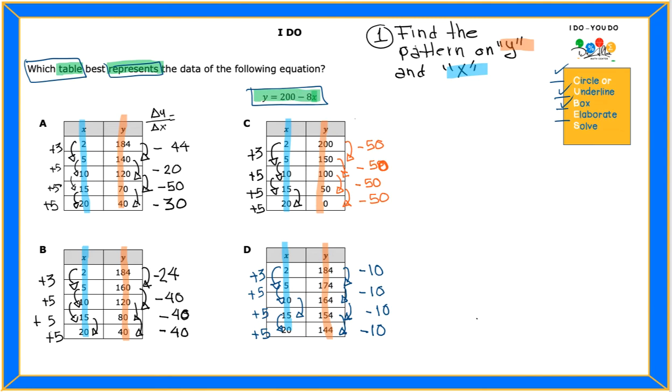So the change on the y over the change on the x's on the first difference will be negative 44 over 3. But then, guys, for the table to have a constant rate of change, I need to get the same value. But look, here all these values are the same, but here all the values are different.